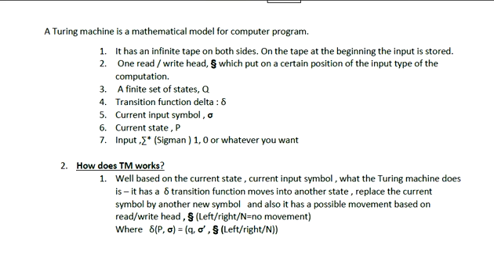Now, the question is how it works. Depending on the current state and current symbol, the Turing machine works with what the transition function is saying. The transition function moves into another state from the current state and replaces the current symbol by a new symbol.